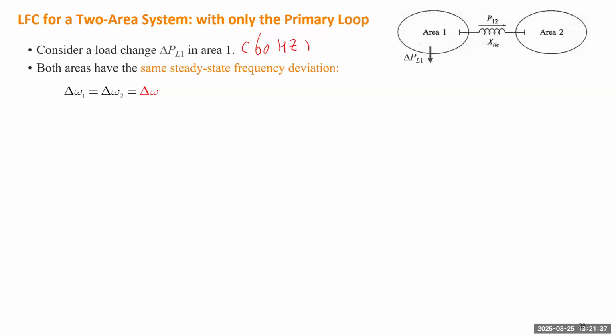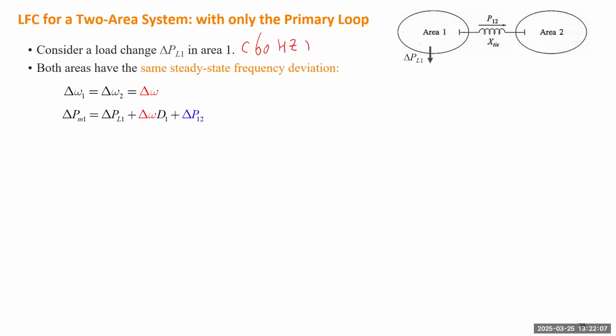If we call the frequency deviation in area 1 and area 2 delta omega 1 and delta omega 2, they will basically be delta omega. So we don't really need to add that subscript there. We just ignore 1 or 2 because the entire system in steady state condition will be the same. But if you do the dynamic simulation, they can be different, but eventually they will reach the same value.